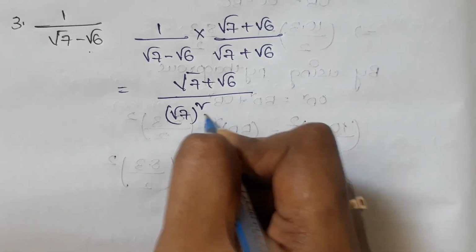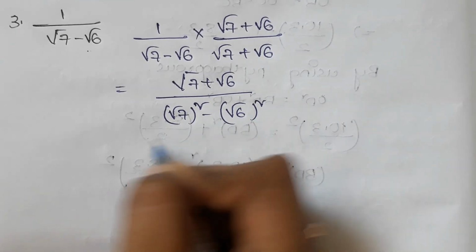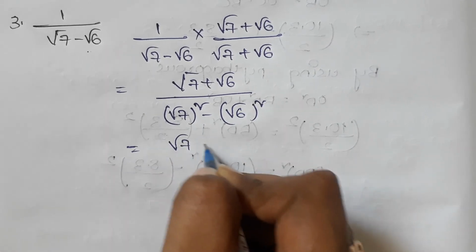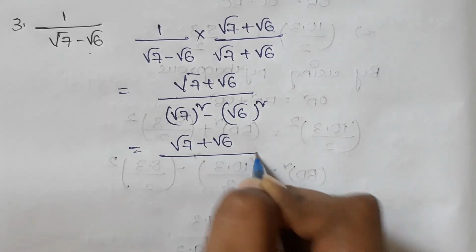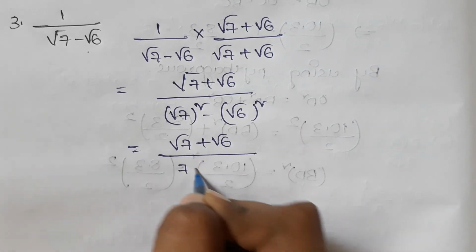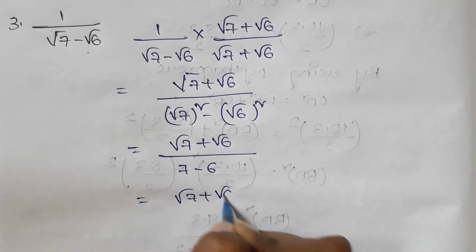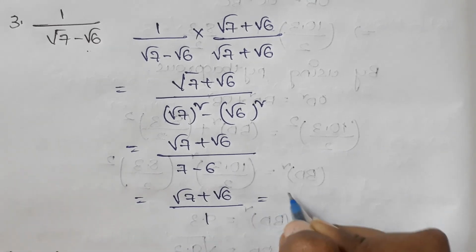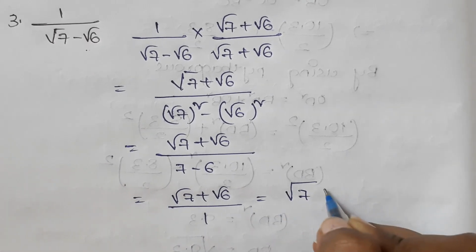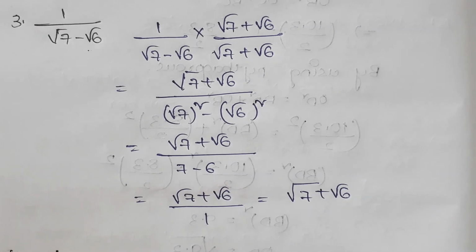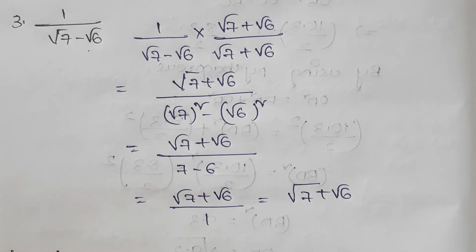So root 7 whole square minus root 6 whole square. From this we get root 7 plus root 6 by 7 minus 6, that is root 7 plus root 6 by 1, that is root 7 plus root 6. And this is about the third one.